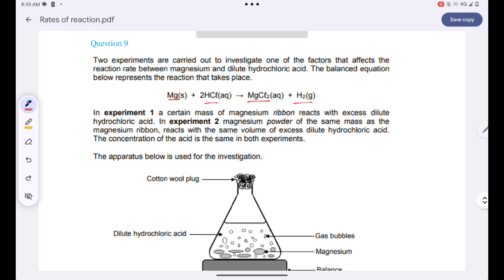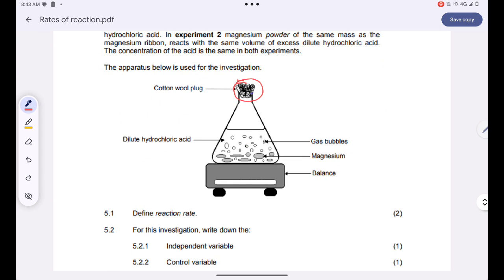Secondly, we have our cottonwool over there. The cottonwool prevents the hydrogen gas from escaping the reaction vessel. So that's why inside over here we simply have the gas bubbles, just to show that the hydrogen gas did not escape the reaction vessel.